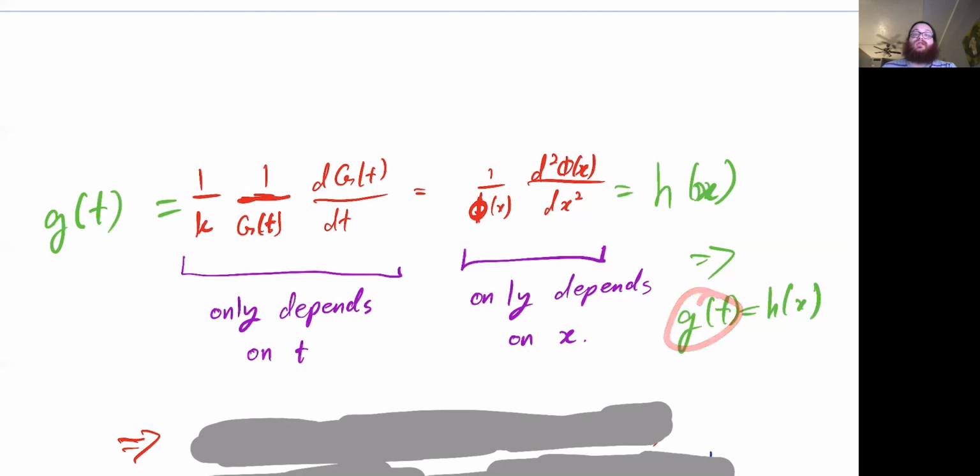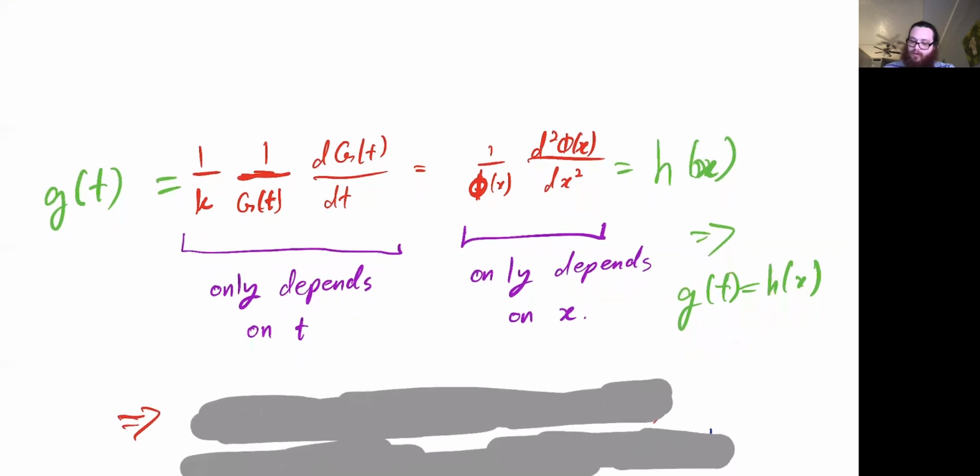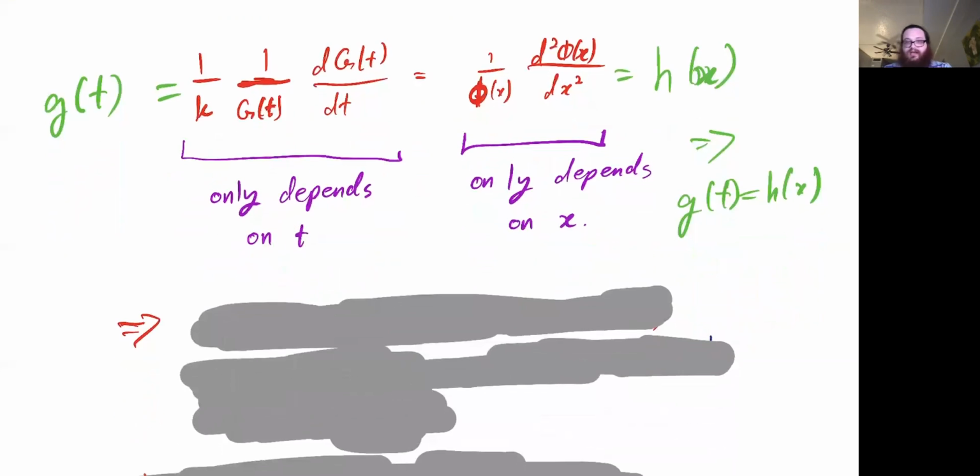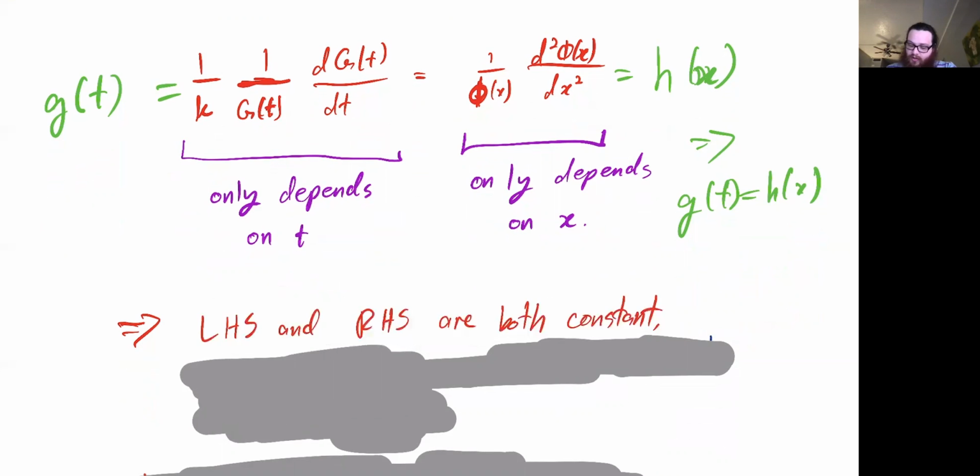Likewise, this function g is also a constant, because if we vary x, h of x may change, but g of t doesn't depend on x, so g of t won't change, okay? So one side depends on t, the other side only depends on x. So both sides must be constant, okay? And they must be equal to the same constant.